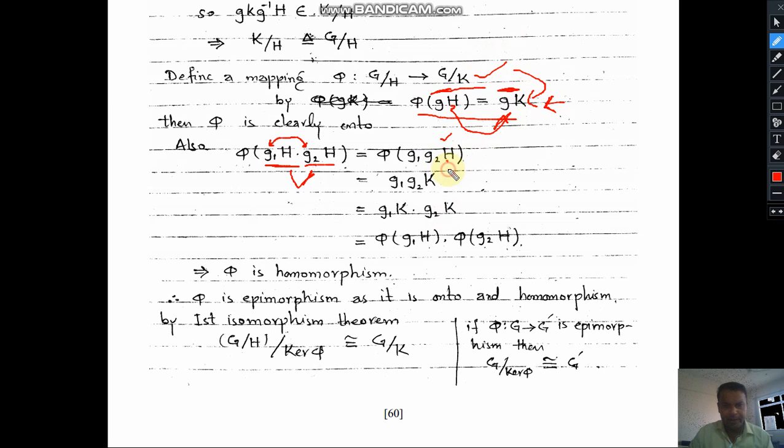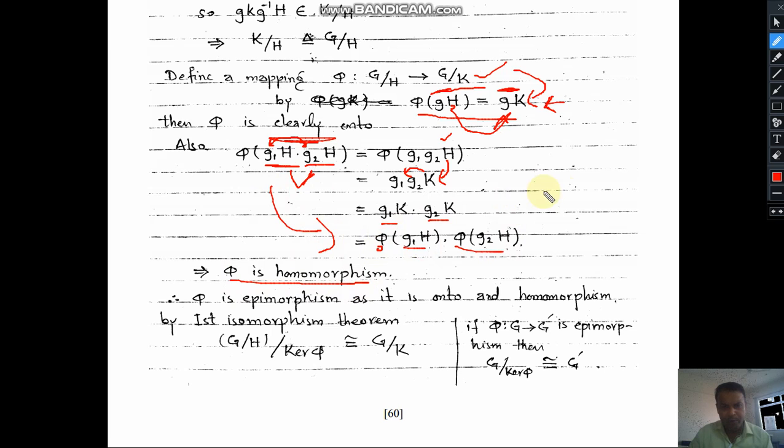So here this H will be replaced by K when you are applying the definition of phi. Again this K will be distributed twice. This is the reverse of this property, as we have discussed, GK. Now this K will be replaced by H when you are using the term phi. So we have introduced here the term phi. So at this step we can say that this phi is homomorphism.